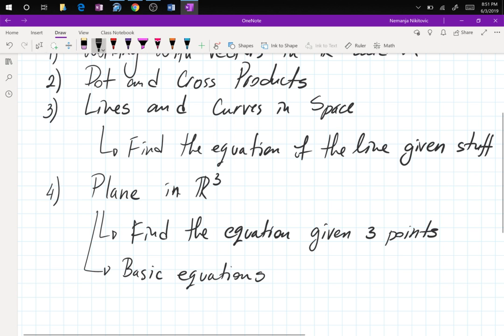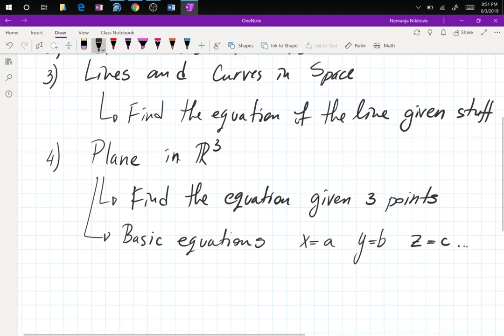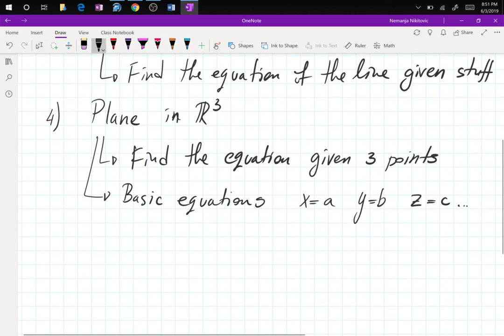So basic equations: x equals a, y equals b, z equals c, meaning, you know, parallel planes and so on.